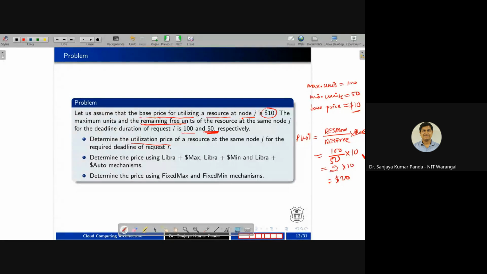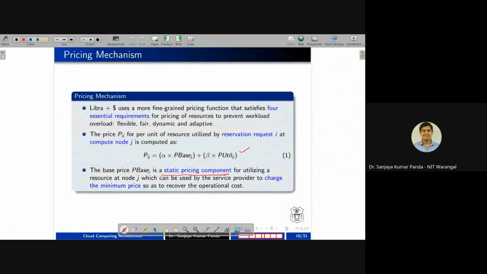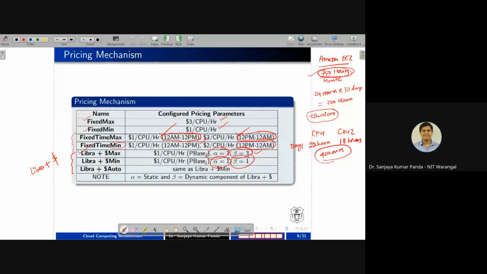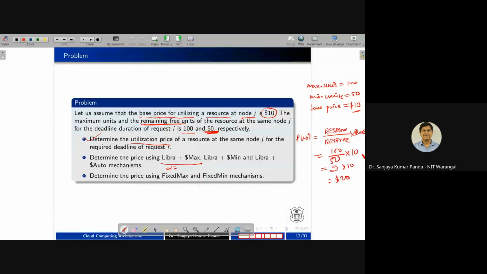Okay, now the second question asks to determine the price of Libra dollar max. In the Libra dollar max case, we consider alpha equal to 1 and beta equal to 3 by default. If anything is not given, then you can take alpha equal to 1, beta equal to 3.